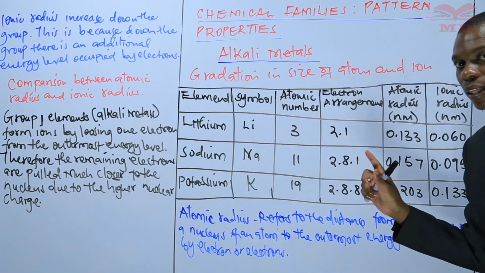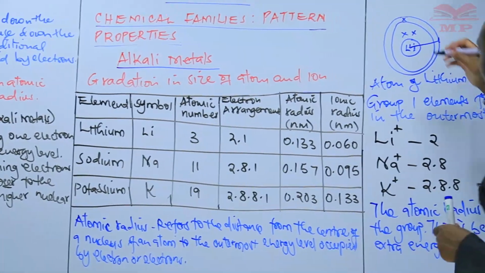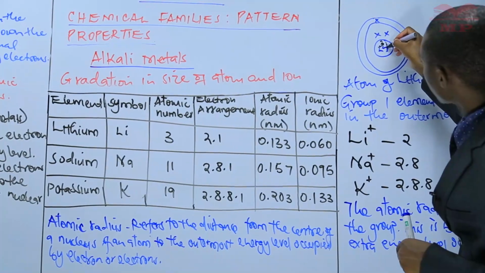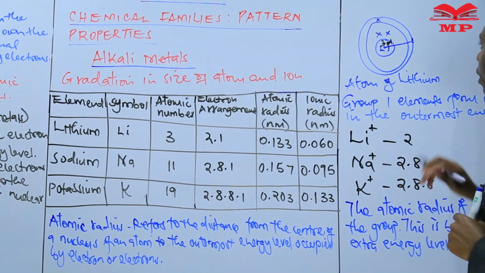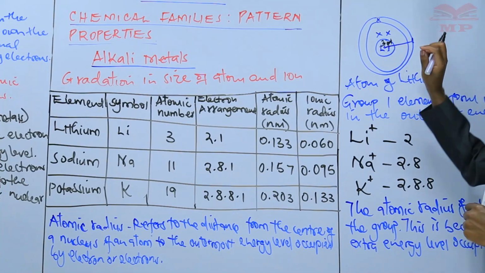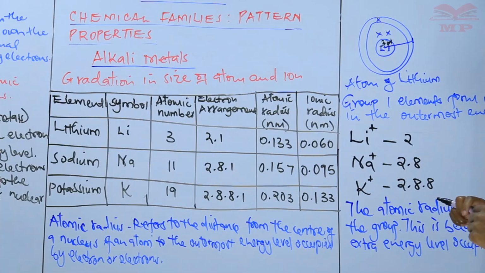How many protons are there in the nucleus? There are 3. So if this is a lithium atom, here we have three protons which are positively charged in that nucleus. These 3 protons are pulling the electrons in the energy levels.